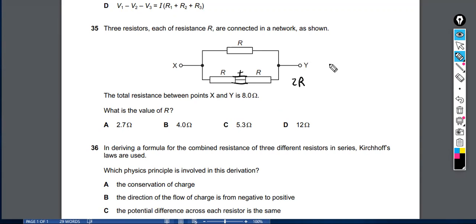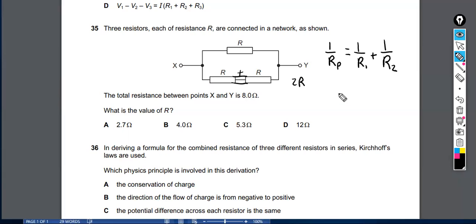The equation in general is that 1 over the resistance for a parallel circuit is equal to 1 over the resistance of the first one plus 1 over the resistance of the second one. We're summing the reciprocals of the resistance to equal the reciprocal circuit resistance.